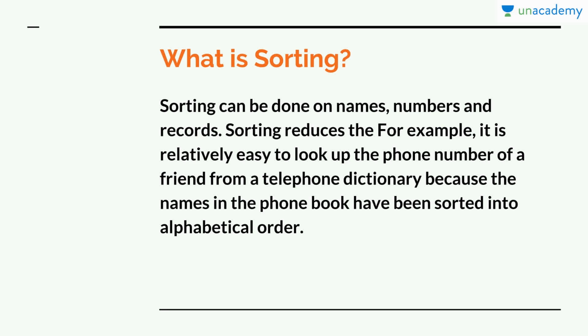What you will do is, you will generally check for its name and then go to that alphabet, and then after that you will go to the next character, and you will search for that, if it's an A or it's a B or it's a C, and then you will go to that section and then you will find that number easily. So that will make your task much easier.